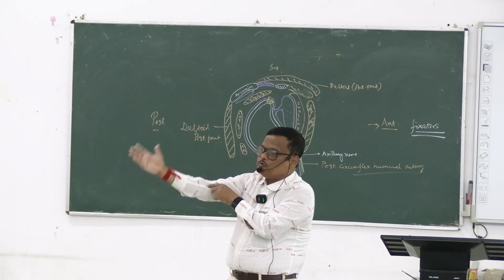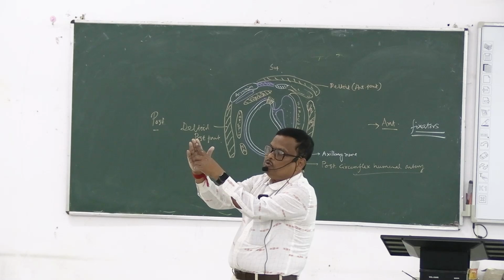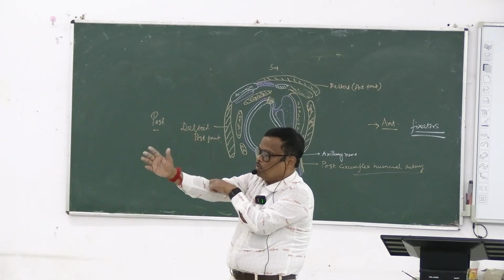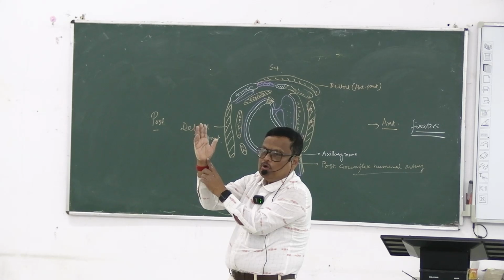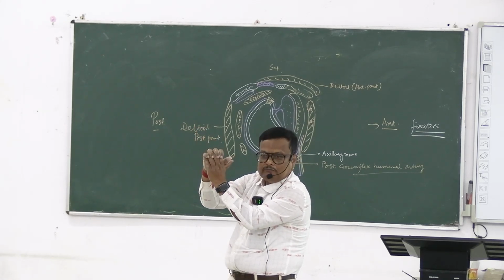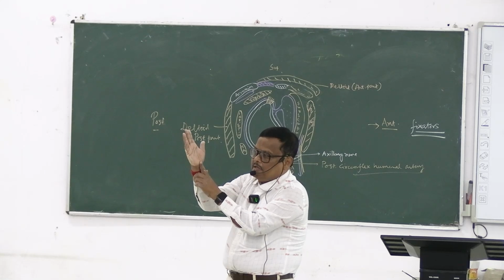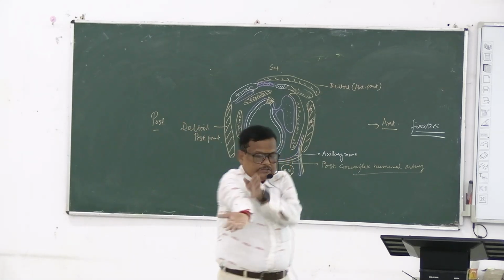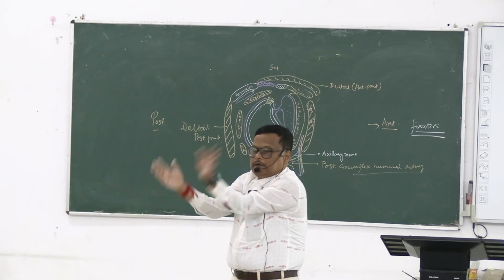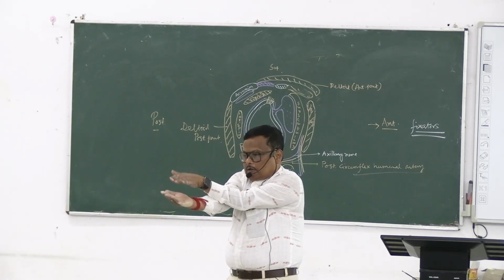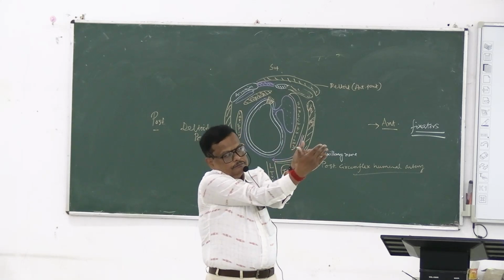They take origin from here, cross the wrist joint, cross this joint, and are ultimately inserted here, doing the action.